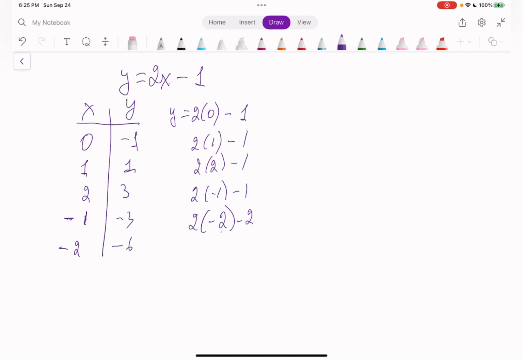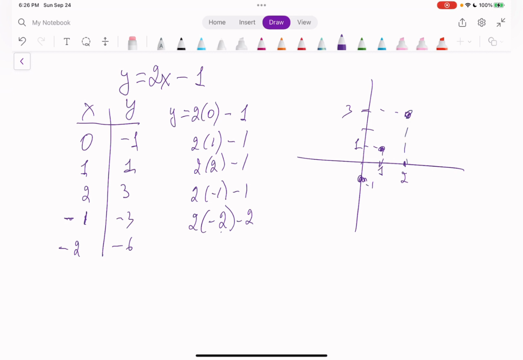This is one way. And then based on the points, we are graphing. X is 0, y is negative 1, that's one point. X is 1, y is also 1. Here is the second point, x is 2, y is 3. Plugging these points, this is negative 1.